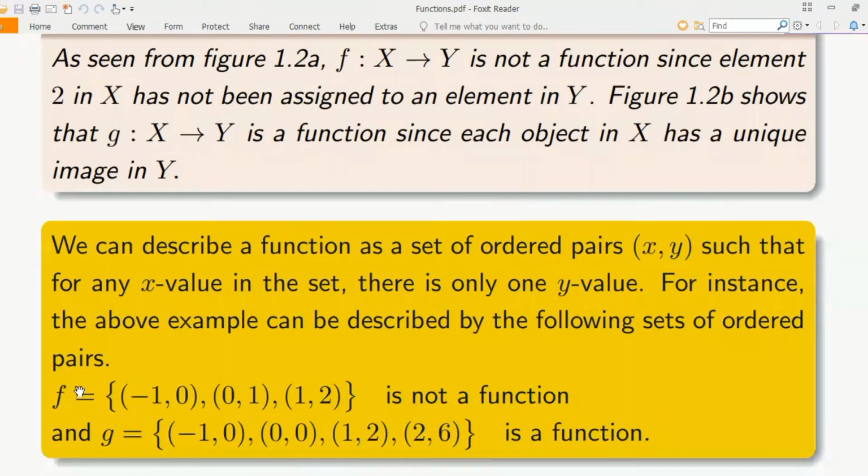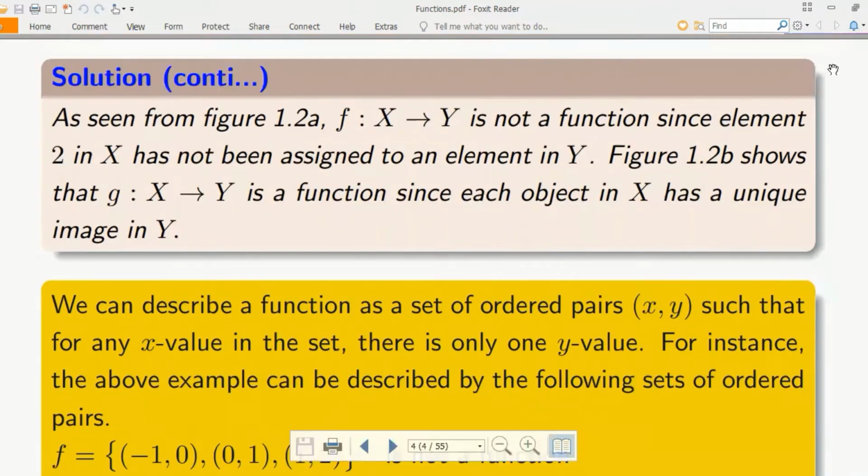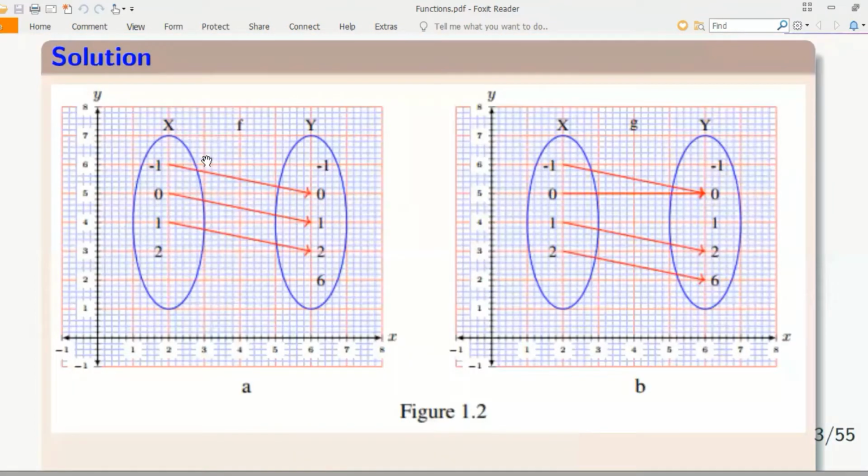For instance, you've seen me saying that F is a function. Now, here, this is what I wrote. This was another object, and this was another image. We had done it before. F is a set that has elements, but here we have object -1, and the image is 0. Object 0, the image was 1.